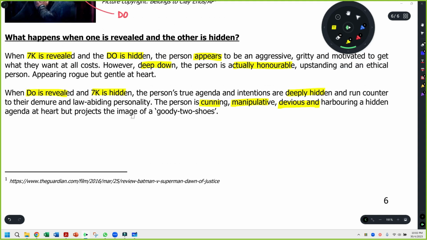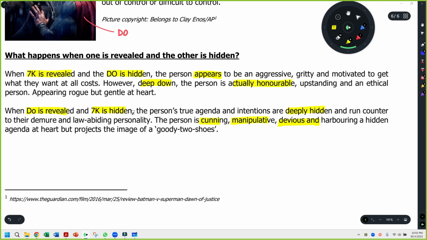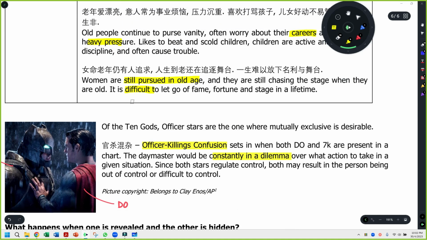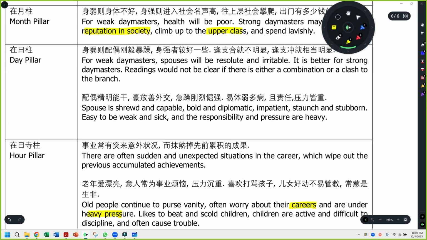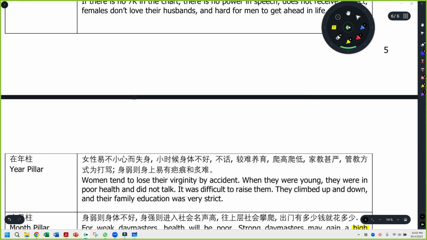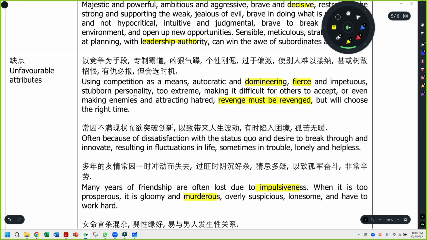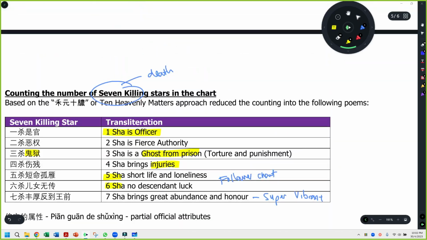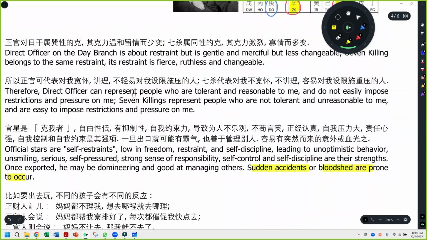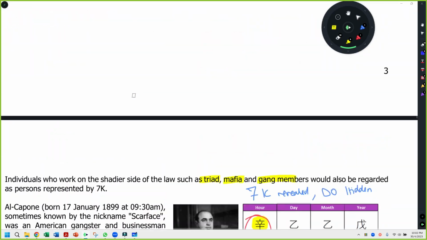All right, so this will be all in all for today. Part one of three parts, where we look into identifying servant killing, what it represents, where they are, their strength, what happens when servant killing is strong, favorable or unfavorable in a person's chart, and how this manifests in the person's life.